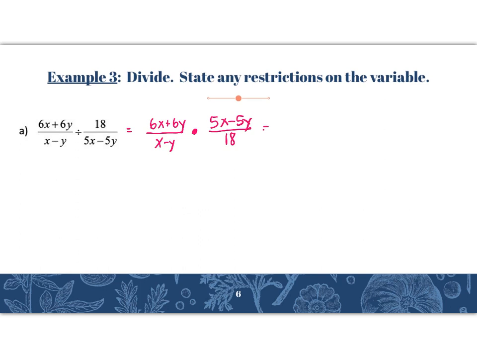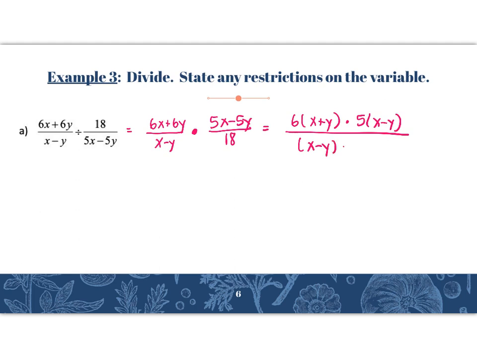Now I'm going to factor what I can. So in my first numerator, I have a GCF of 6. That becomes 6 times x plus y. And then what else do I have on the top? I have times 5 times x minus y, all over x minus y, and then 18.